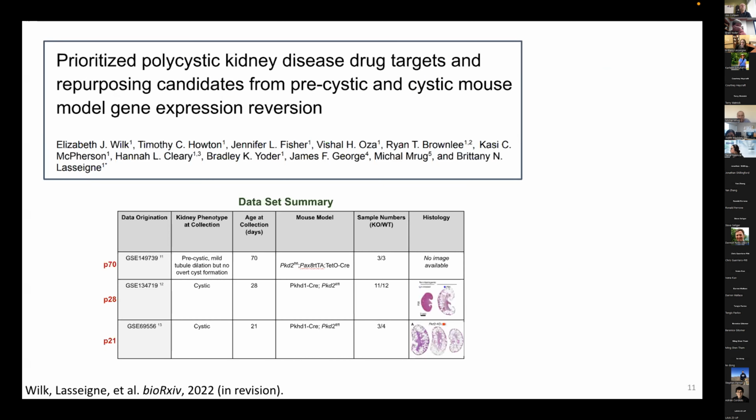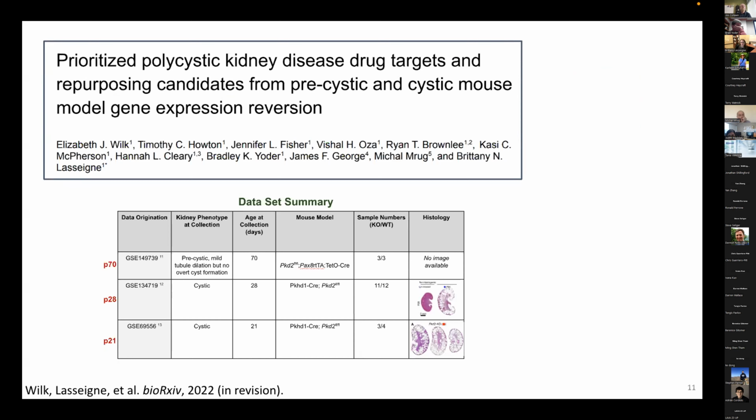So for this particular study, we reanalyzed high quality publicly available PKD2 mouse RNA-seq data sets. Here are the 3 GEO entries for the 3 different data sets that I'm going to talk to you about today. All 3 of these are knockout phenotypes.